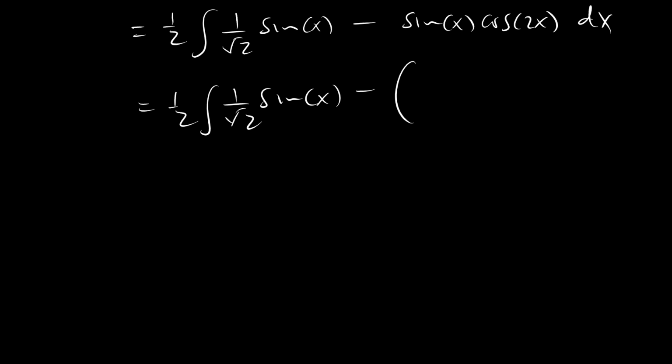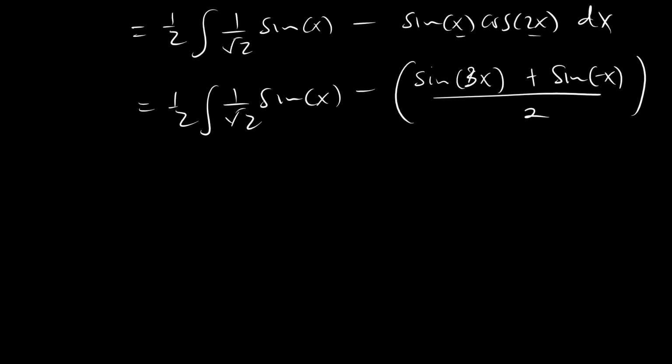So we have sine of A plus B, which is x plus 2x, which is 3x. And then we have plus sine of this minus this, which is negative x, divided by 2.